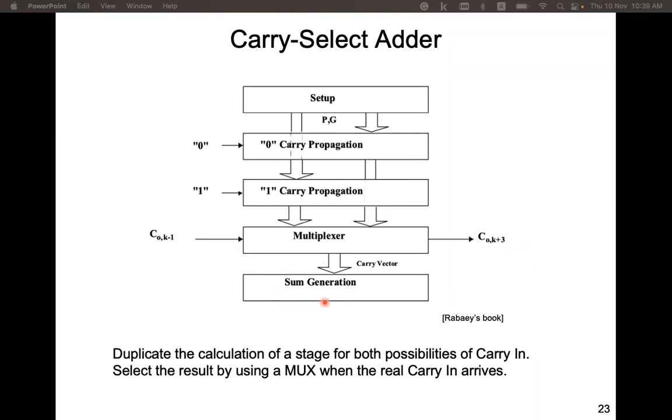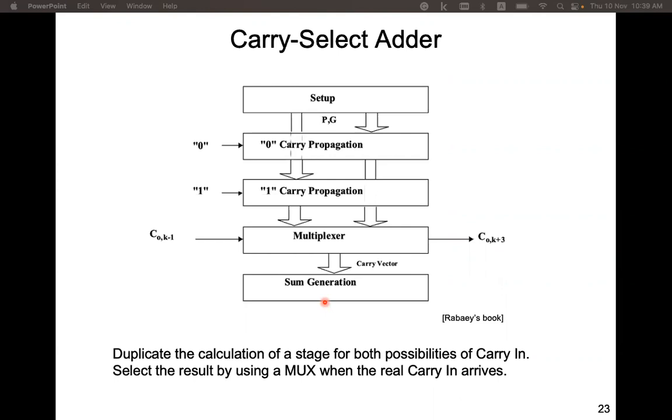The sum is P exclusive or CI. It needs CI's value. And CI here is for each bit; it's basically the previous bit's CO value. So when the carry is available, the sum can be generated immediately.